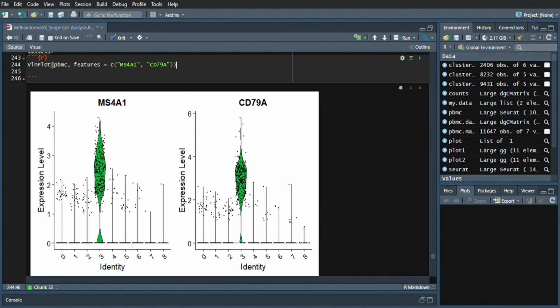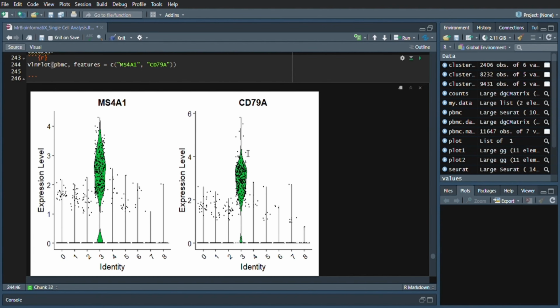The body of the violin plot for both genes spans expression levels between 1 to 4, as you can see from here. This suggests that within cluster 3, most cells have expression levels of these genes in this range. And the same for this gene, which is CD79A. Within cluster 3, most cells have high expression levels of this gene.